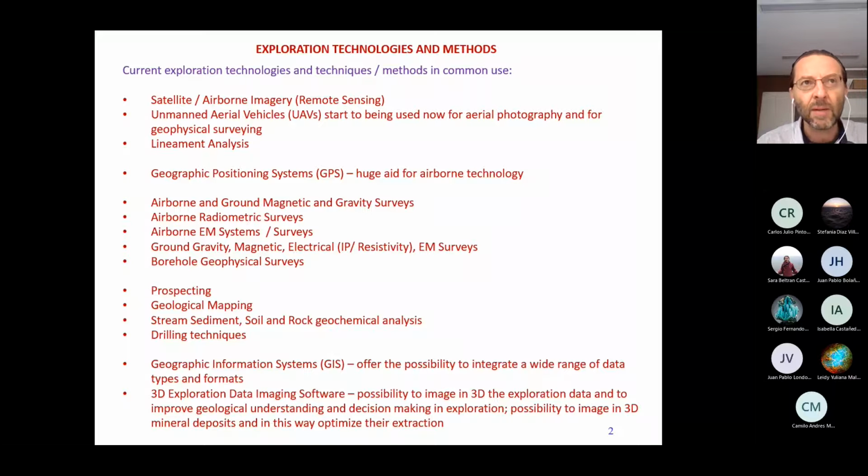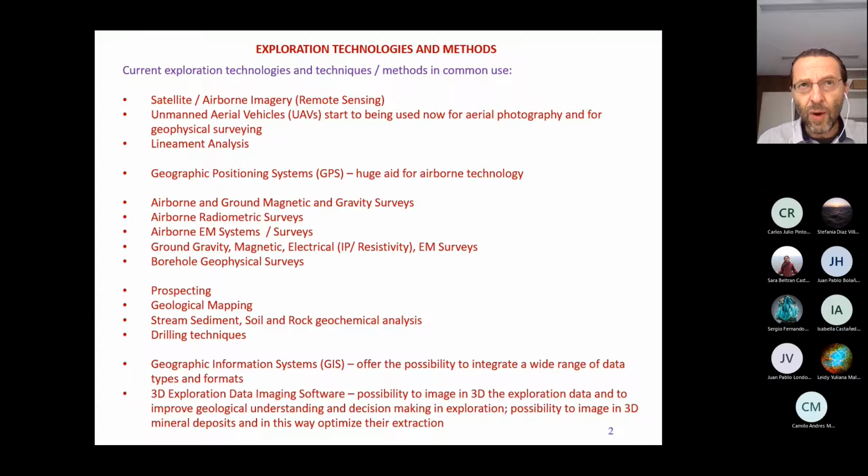Now, these methods are aided nowadays by technologies such as GPS, the positioning systems. So you are looking into this in this course. You can imagine, if you fly and sample the magnetic field, for instance, you want to know where exactly you were. So GPS helps a lot. Imagine how difficult it was before having this system.